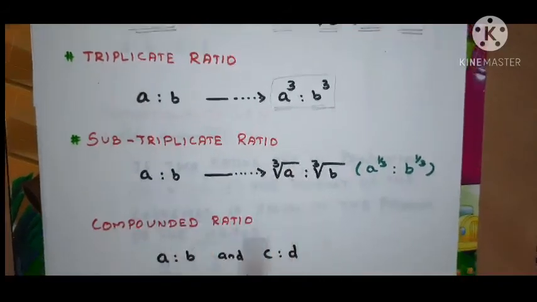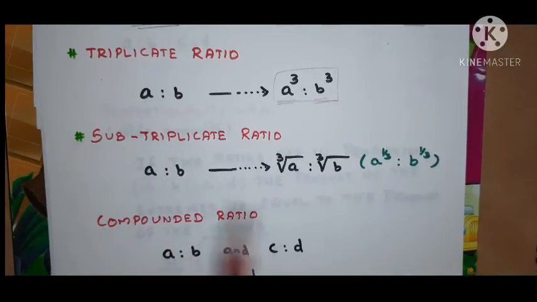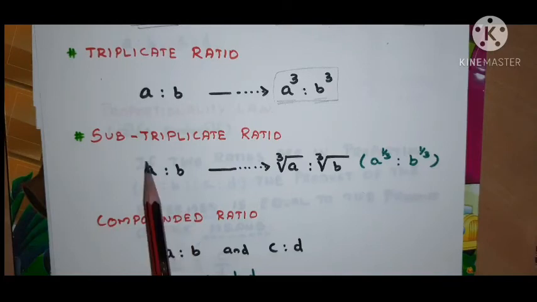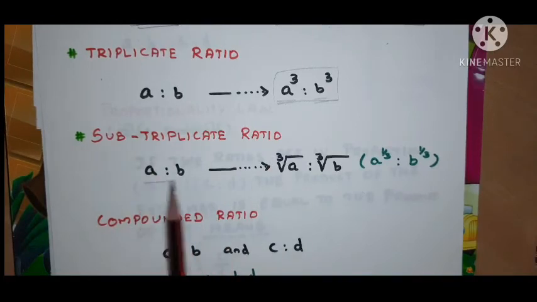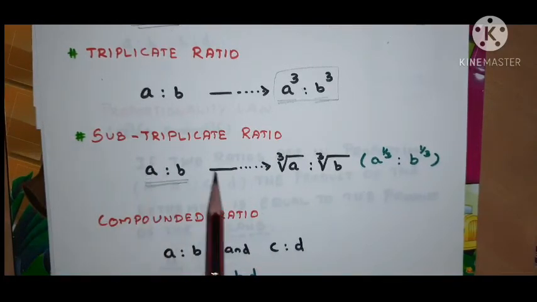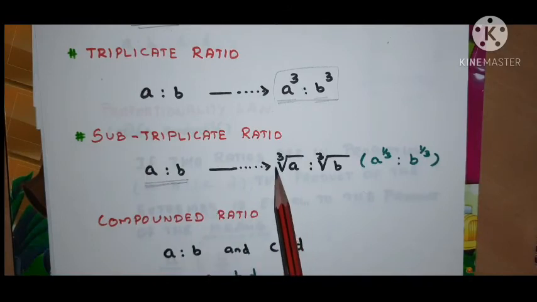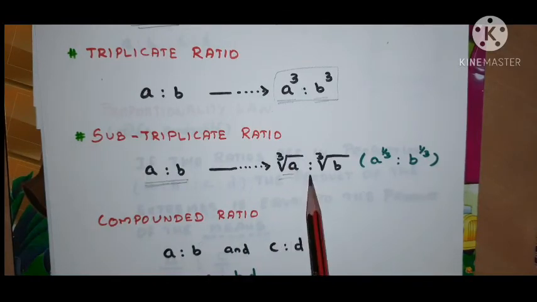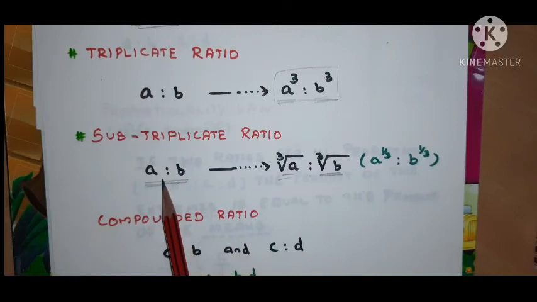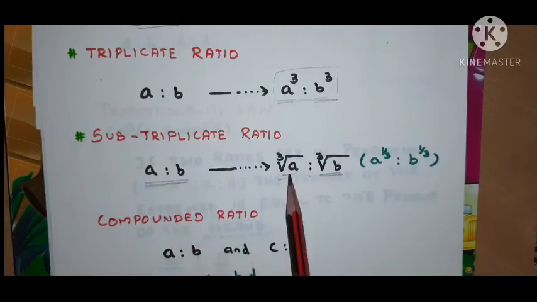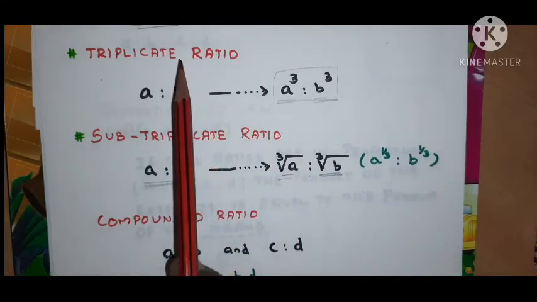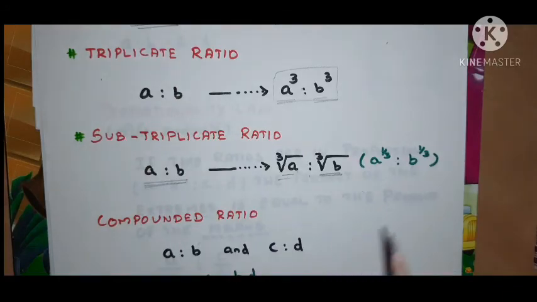Next one, sub-triplicate ratio. Like sub-duplicate ratio, if the ratio is A is to B, then its sub-triplicate ratio is cube root of A is to cube root of B. Whatever ratio they have given, we have to find the cube root. Where in sub-duplicate ratio, we have to find the square root.